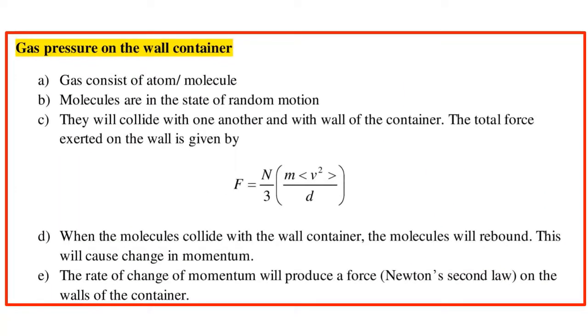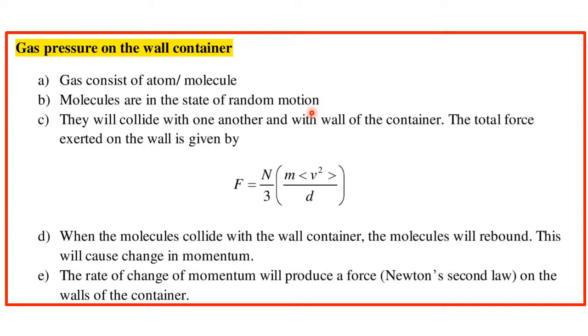Okay, let us discuss about gas pressure on the wall of the container. Okay, gas consists of atom or molecule. Alright, molecules are in the state of random motion. Okay, it is always moving.